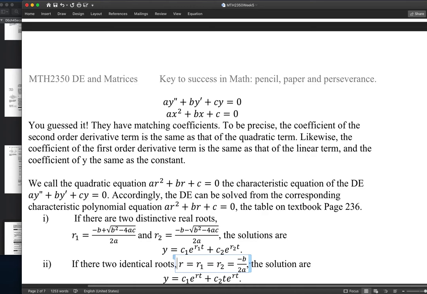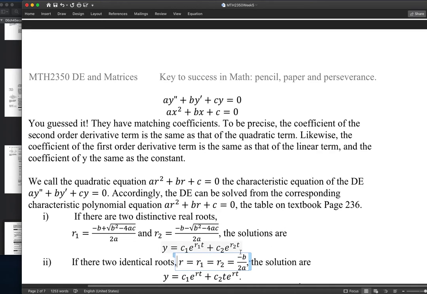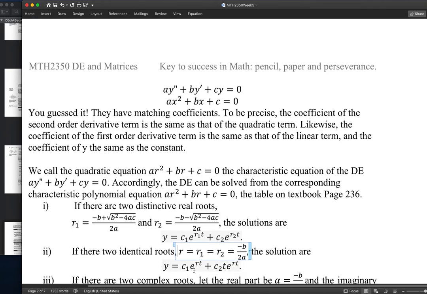Then you are going to generate two terms: e to the rt, and t times e to the rt. And so y is the linear combination of those two different functions.